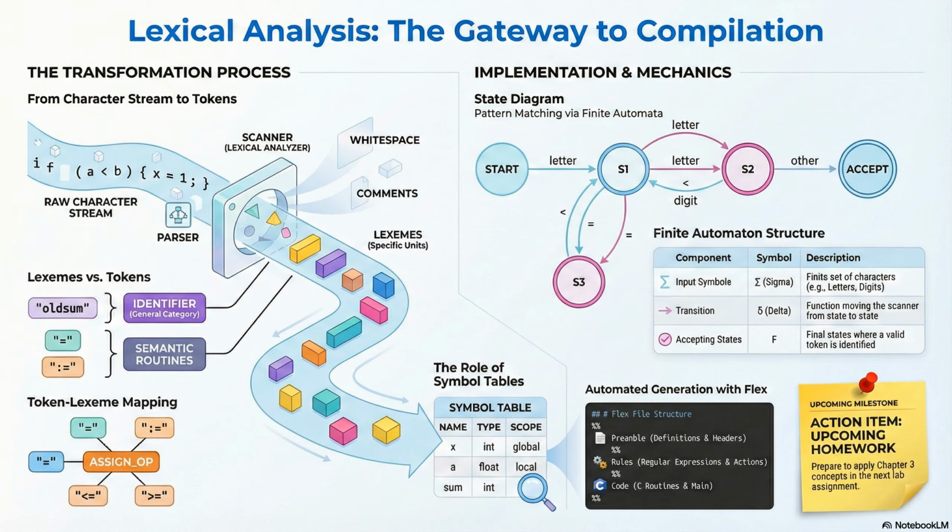But in many languages it is also the first half of greater than or equal to. So the scanner can't just declare victory yet. If it emits the token immediately, it might be wrong. It has to peek at the next character. It has to predict the future, basically. Yeah. It peeks. If the next character is an equal sign, it consumes it and says, aha, this is a GEOP. If the next character is anything else, it stops and says, okay, it was just greater than.